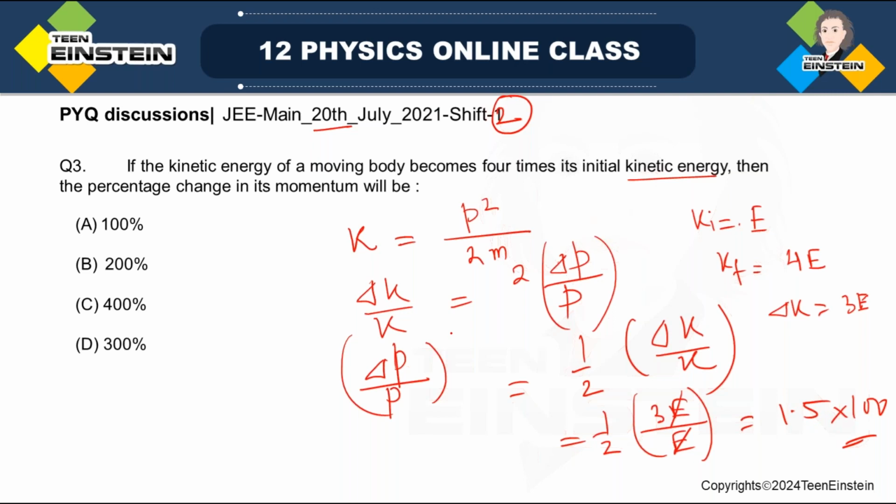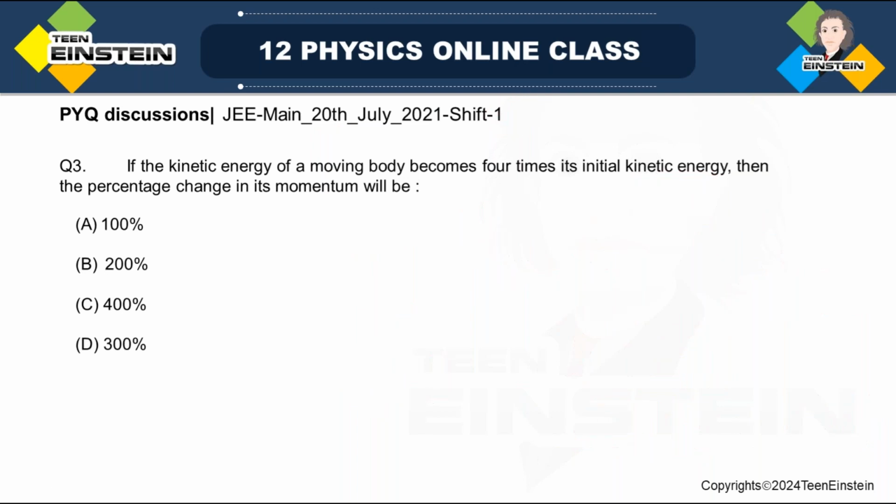Let me check once again. Let me clean everything. Let me check: K is equal to P square by 2m.